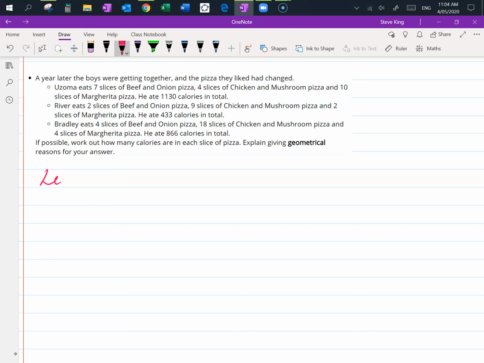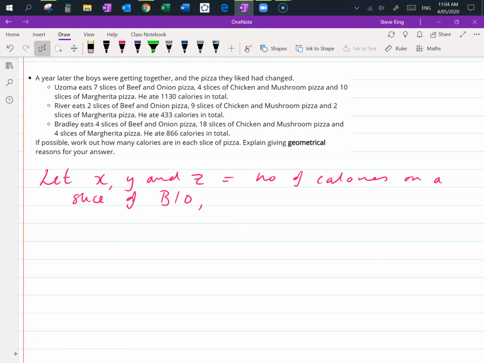So I'm going to start off, I'm going to say let x, y, and z equal the number of calories on a slice of beef and onion, chicken and mushroom, and margarita pizza, respectively.